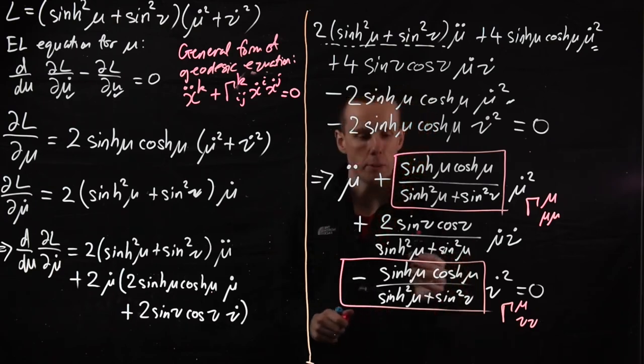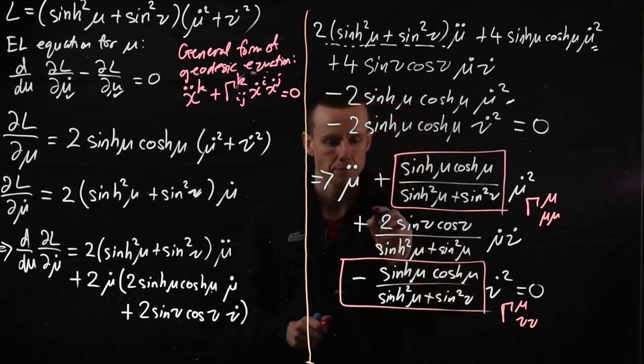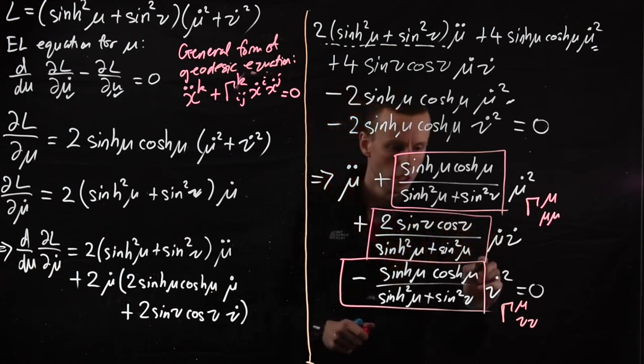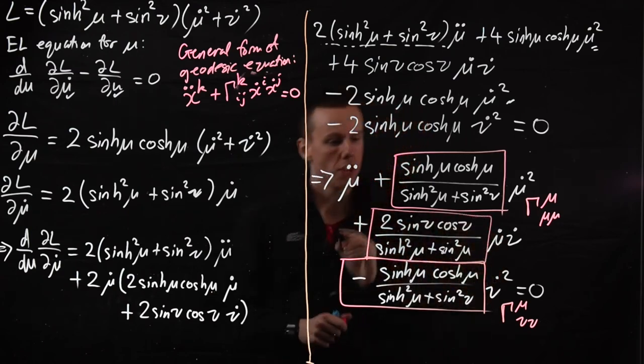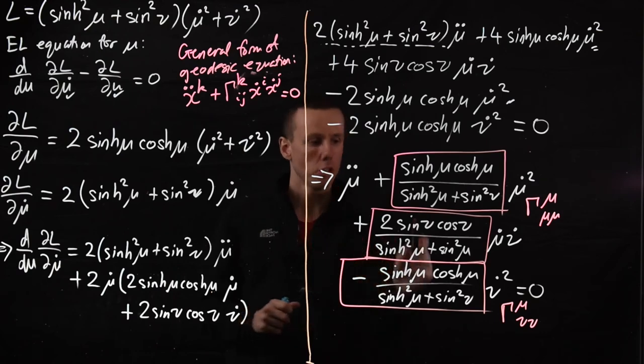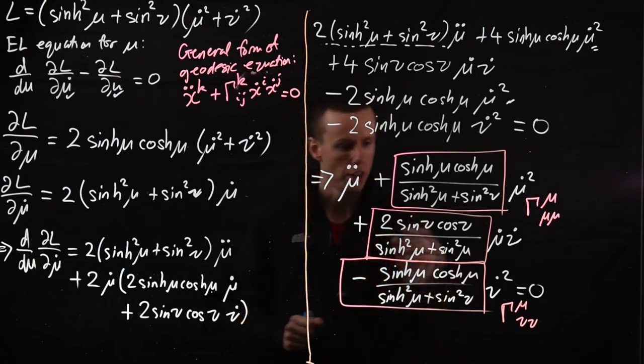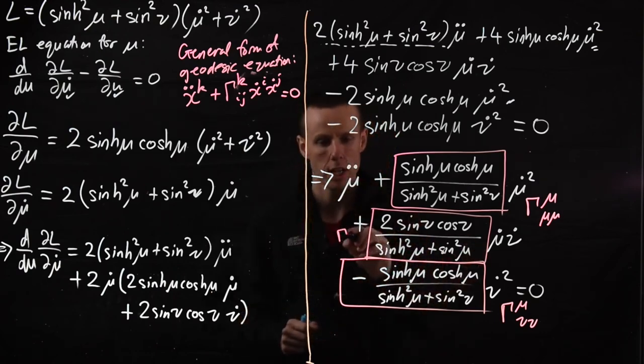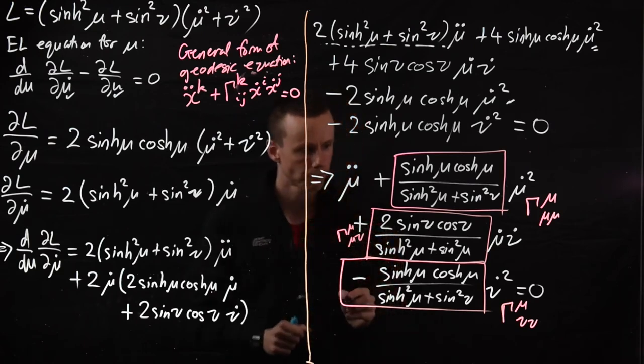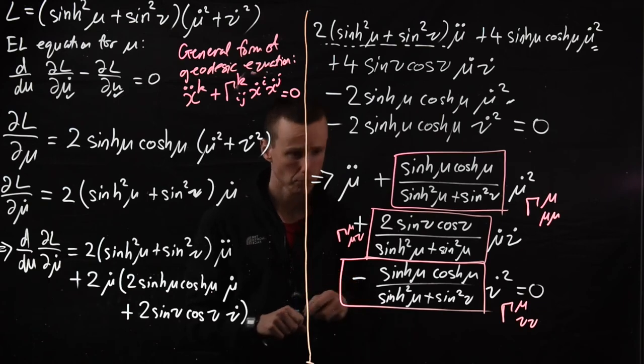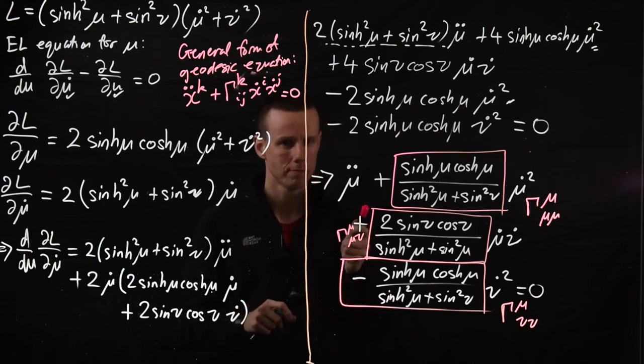Now this one you just have to be careful about. So this Christoffel symbol, you might be tempted to think that this box that I've just done is gamma mu. Okay, but it's not.